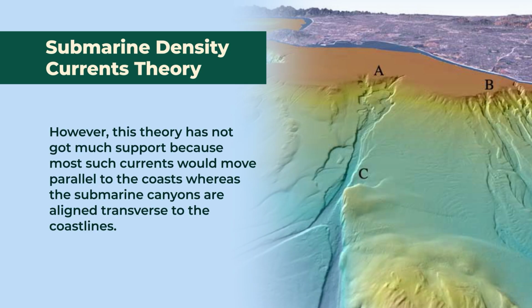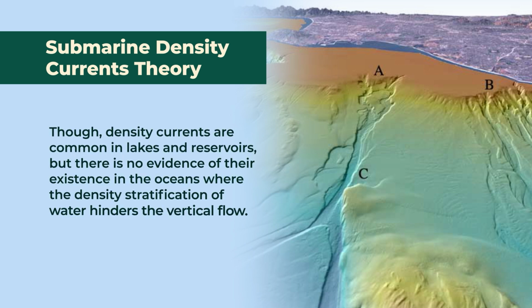However, this theory has not got much support because most of such currents would move parallel to the coast, whereas submarine canyons are aligned transverse to the coastlines. Though density currents are common in lakes and reservoirs, there is no evidence of their existence in the oceans, where the density stratification of water hinders the vertical flow.